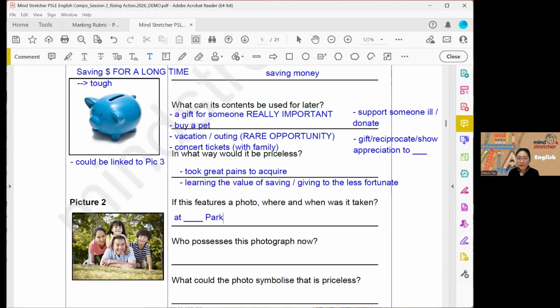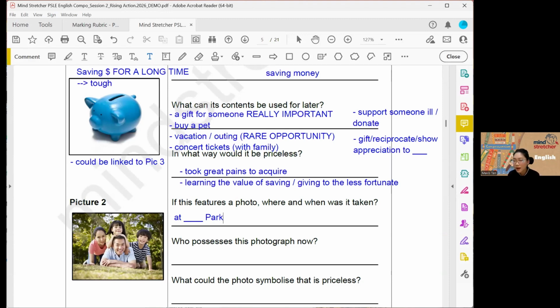So in a composition, if you want to feature a place, let's say you're going to watch a concert, at which stadium, at which concert hall, at which park, if this is a park, at which park? Pasir Ris Park, East Coast Park. So in your story, just give a specific name.